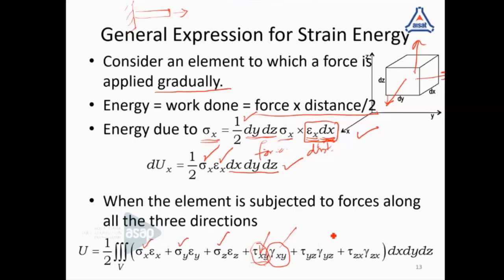Similarly, these two are involved in the respective directions due to the stresses acting in some other direction. So all these together are used to define the strain energy due to forces acting along all the three reference directions.